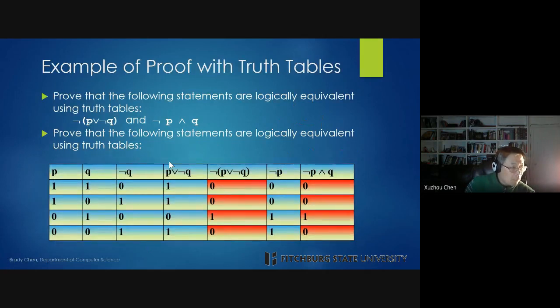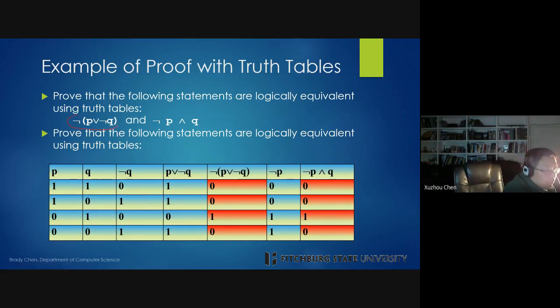Also, prove that the following statements are logically equivalent using a truth table: negation of (P and Q), and negation P or negation Q. So these two statements are equivalent.